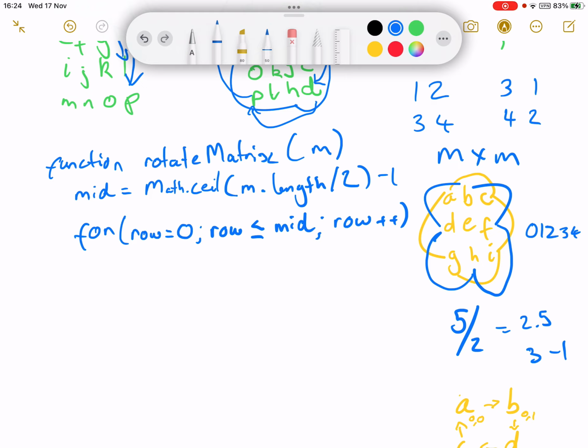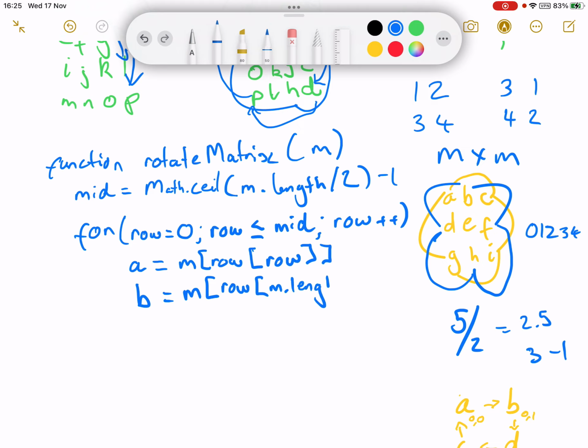Then I think I'll just save all the points, which is A, B, C, D. So A is equal to M row, yeah, right? And then B is equal to M row, M dot length minus row.